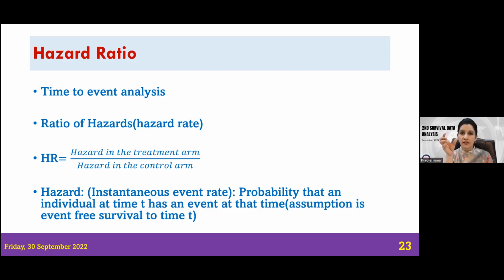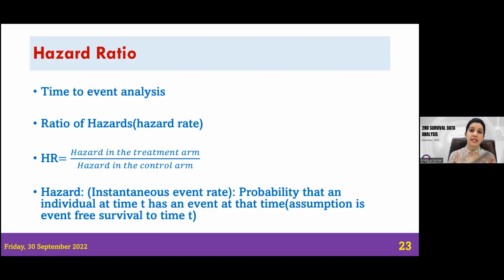From that survival probability, using a mathematical calculus formula, the hazard rate is calculated. And when you take the ratio of those two, we define that as a hazard ratio. So hazard ratio is the hazard in the treatment arm, and as the reference you take the hazard in the control arm.